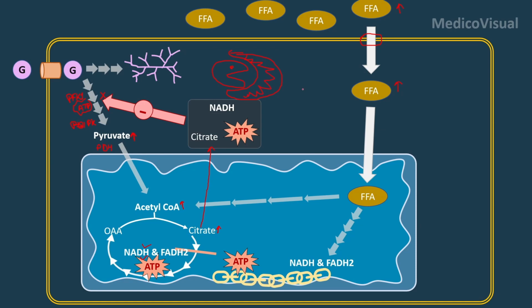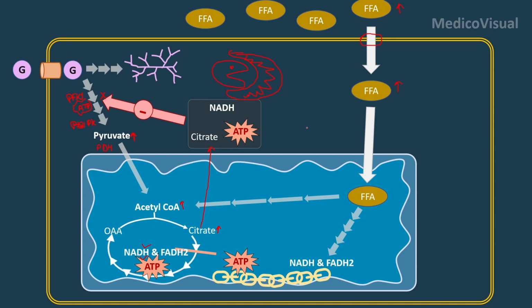So allosterically they will inhibit this enzyme. Due to allosteric inhibition, the activity of this enzyme is drastically reduced, which leads to decreased utilization and oxidation of glucose in the presence of increased free fatty acid oxidation inside the cell.